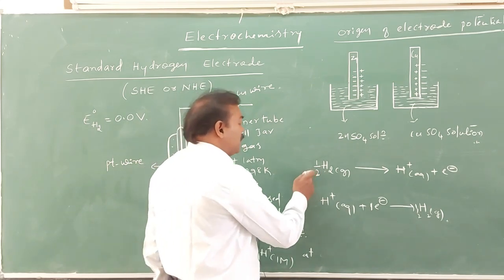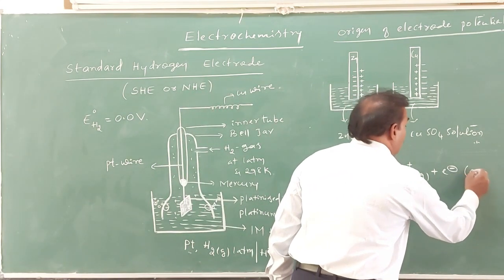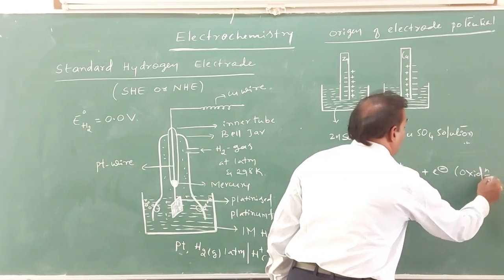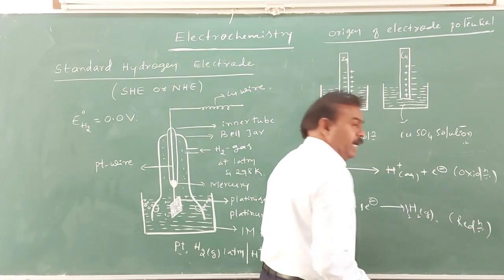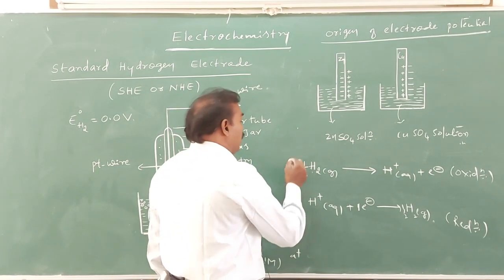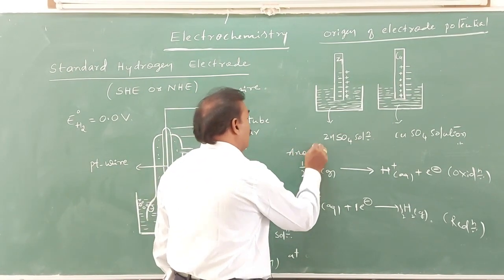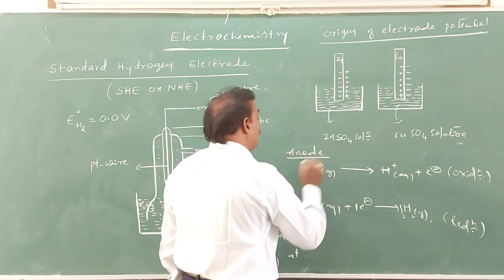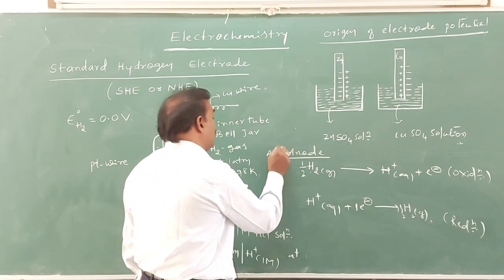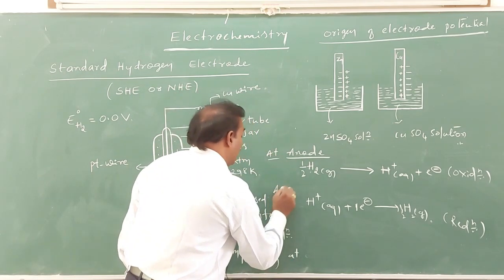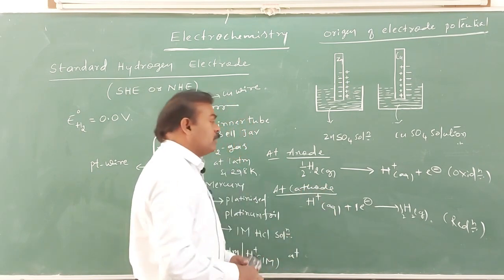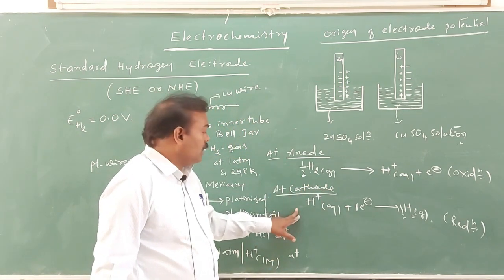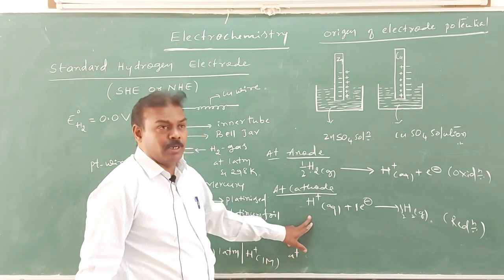So this one is undergoing oxidation, and this reaction is called a reduction. This is called the anodic reaction, the reaction taking place at the anode, and here the reaction taking place at the cathode. So at the anode oxidation takes place, and at the cathode reduction takes place.